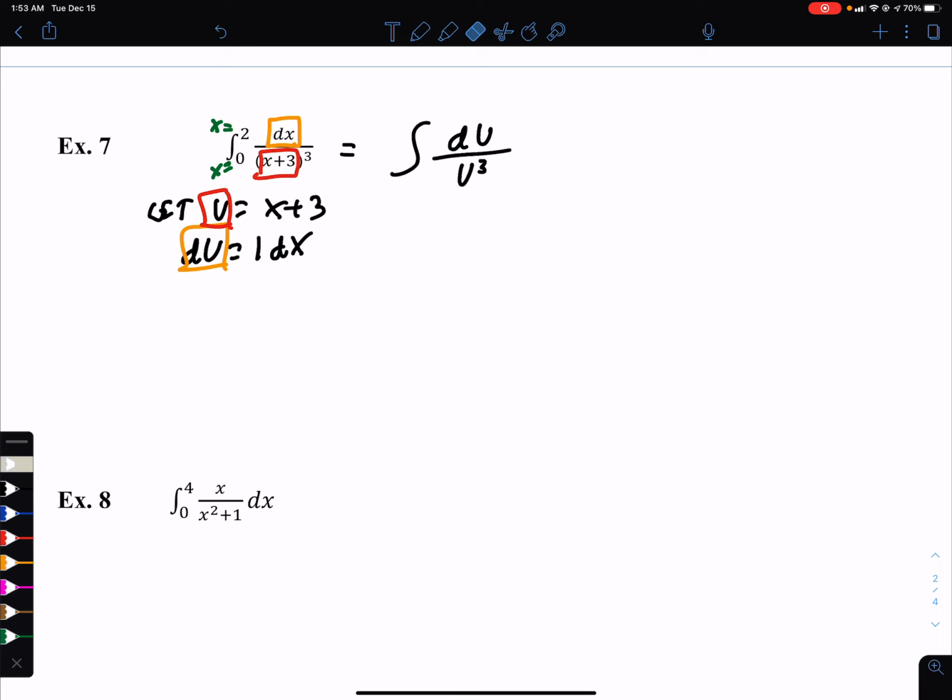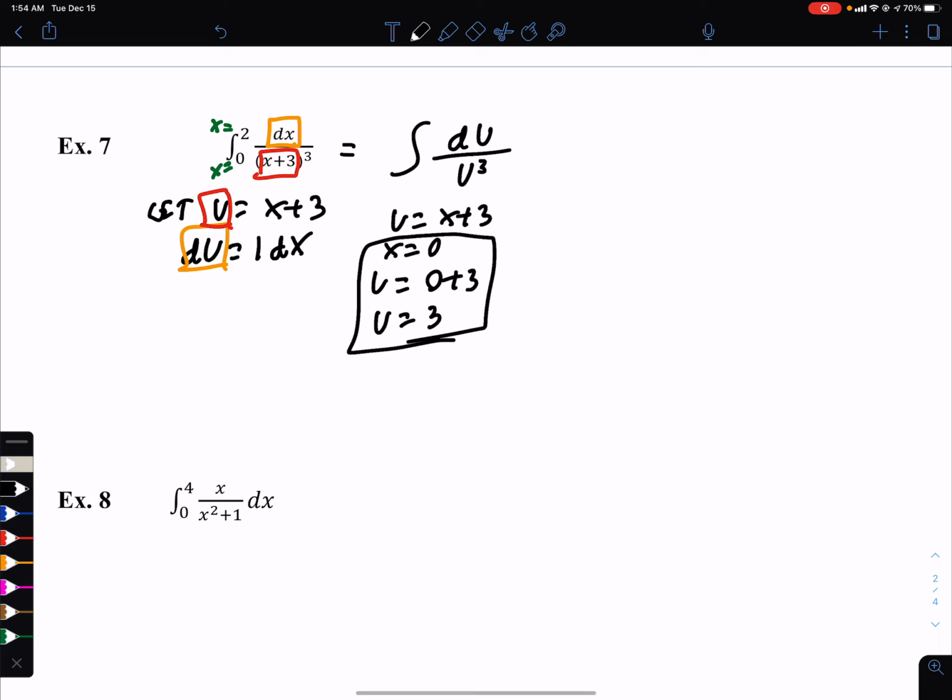So you need to use your equation, u equals x plus 3, and find out what happens when x is 0. When x is 0, u equals 0 plus 3, u equals 3. So that's your first set of values. Then you make x equal the top number 2.